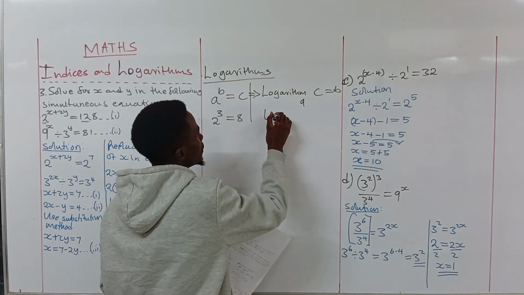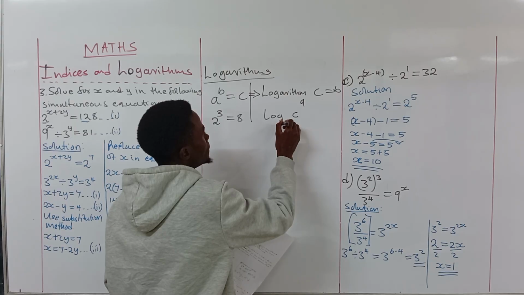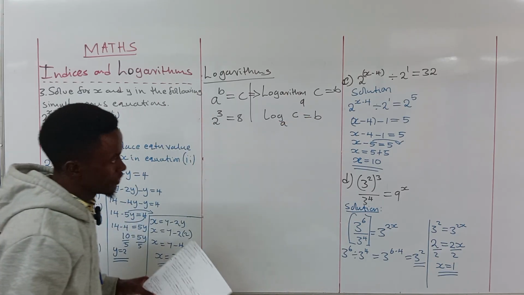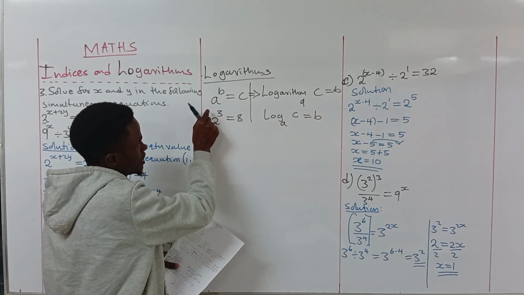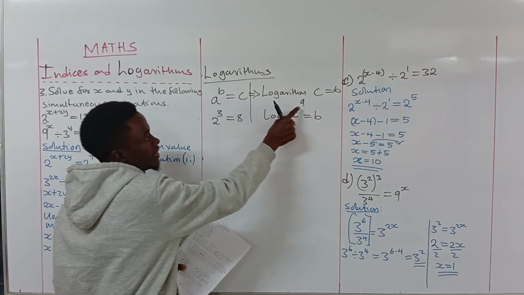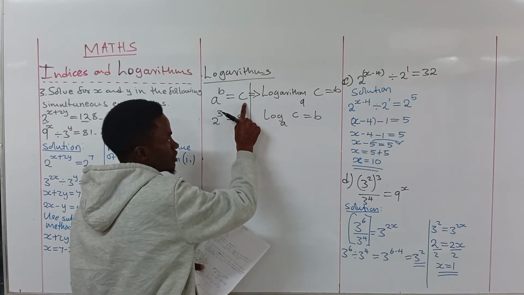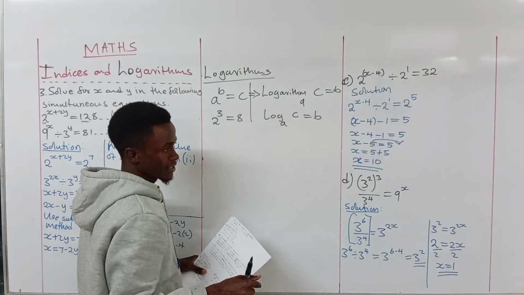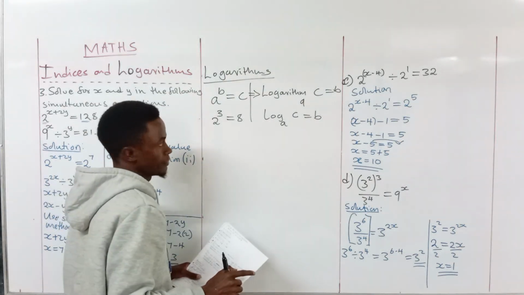In simple terms, the log of c base a is going to give us b. Now, check on this. Where is a on our index form? A is the base. And here still means the base. Now, the result is c. So we are now going to do the opposite of what we do on indices, a reverse process of the same.